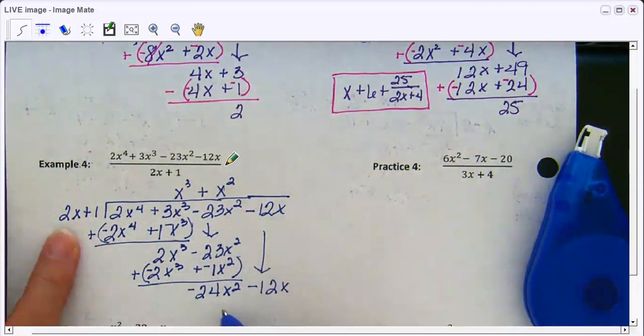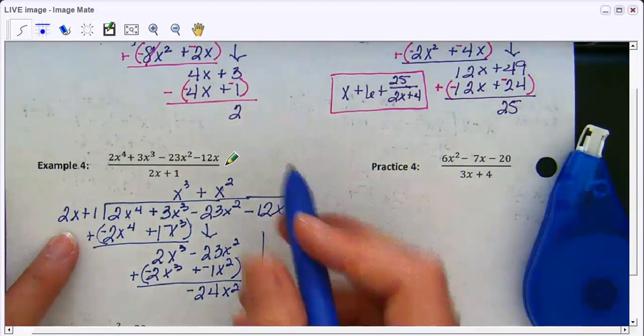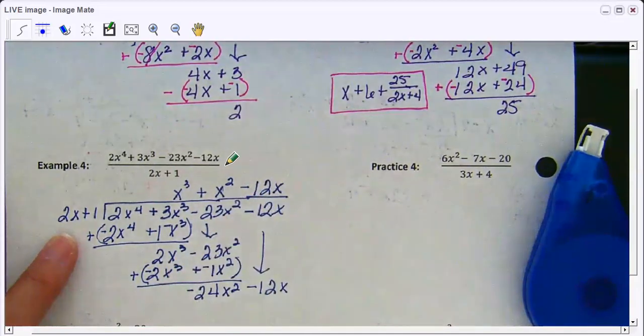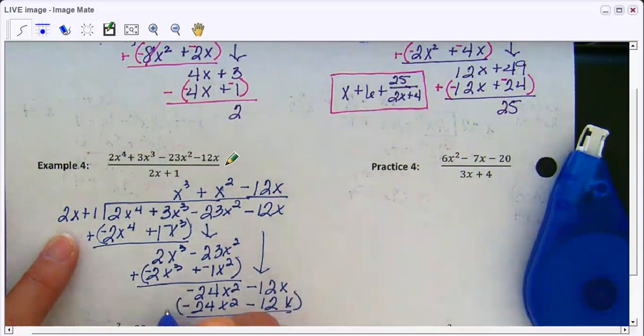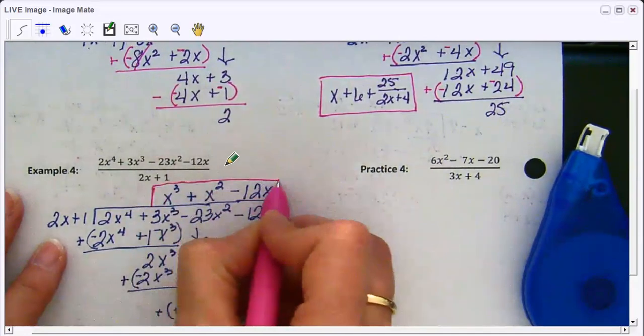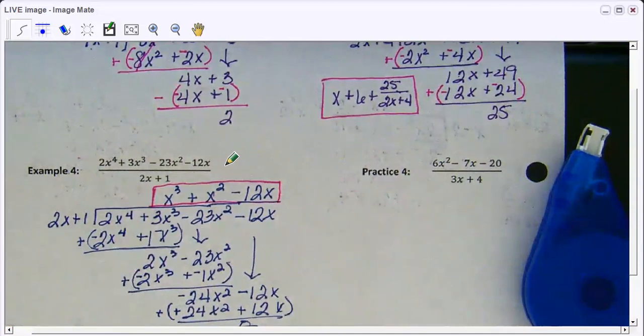And 2x goes into negative 24x squared, negative 12x times. Negative 24x squared minus 12x. And when we subtract that, it actually becomes 0. So this one has no remainder. Okay. So any questions on that one?